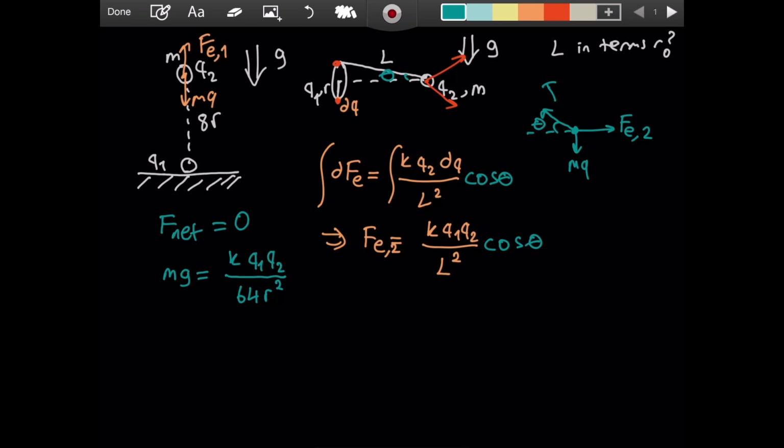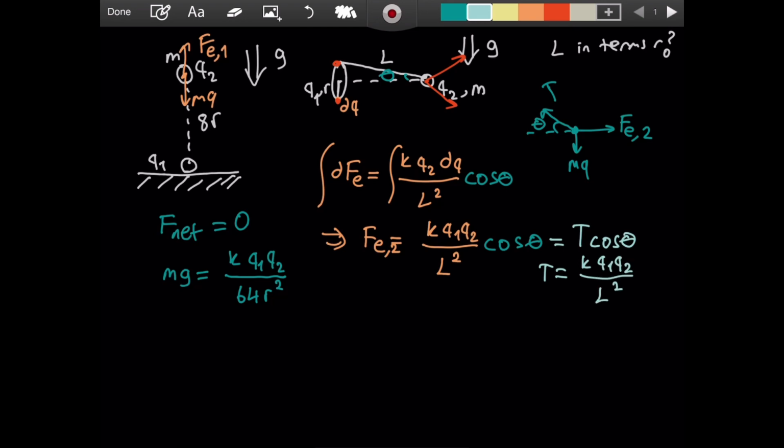Cool. So we can now use the free body diagram to write force equations. Considering the horizontal, we see that this attraction, this repulsion, is also equal to T times cosine of theta. So it turns out that the tension in the rope is equal to K times Q1, Q2 over L squared.